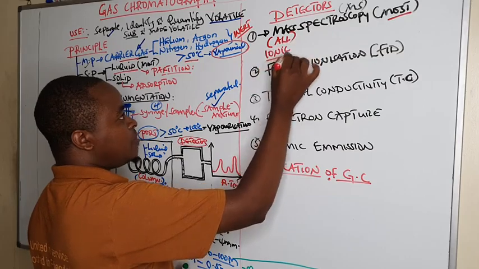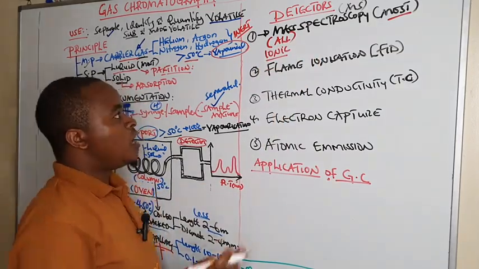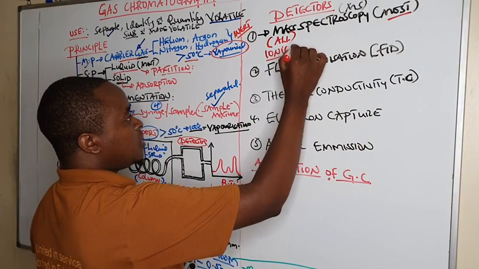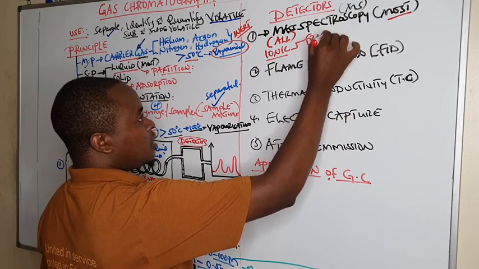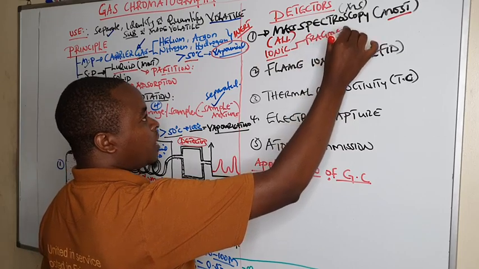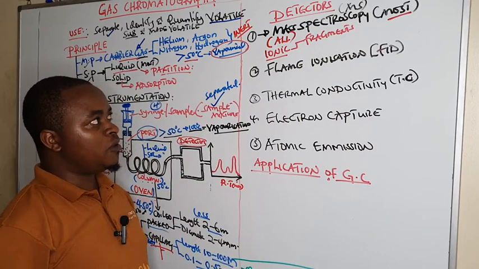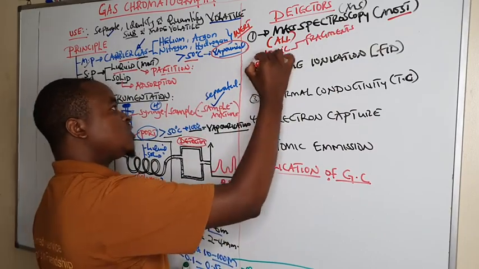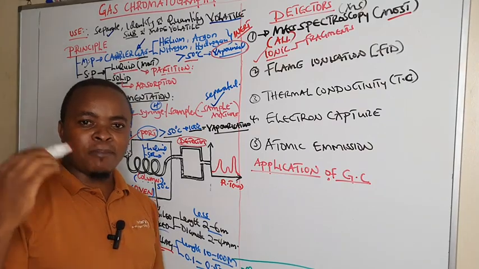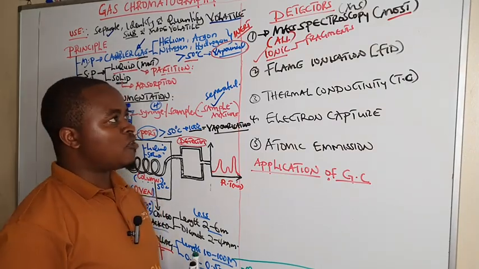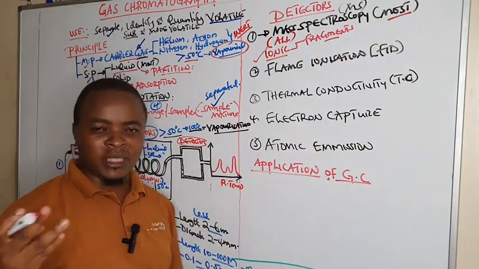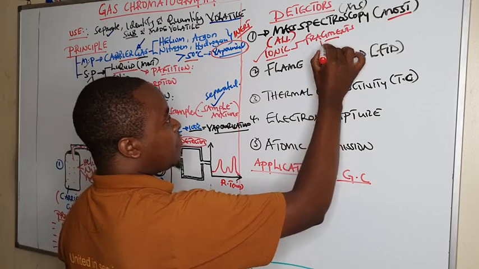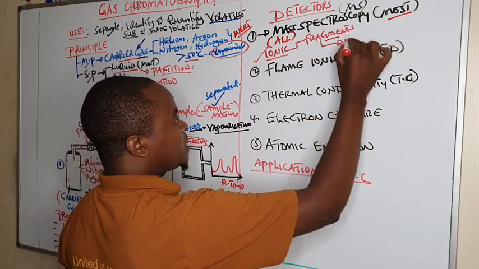So we ionize them by bombardment, and after ionizing, we form fragments. So the first thing is to ionize the sample by bombarding it into ionic compounds. Then we form fragments. And after forming these fragments, they are passed through the mass analyzer.